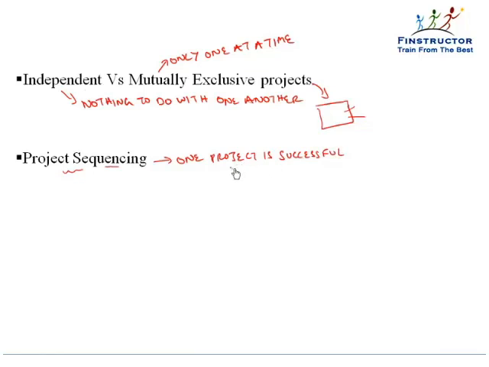But if the first step fails, then even the subsequent phases of the project will not be started upon. So the projects are often taken up in a sequence, and if the first is successful, then more can be undertaken.